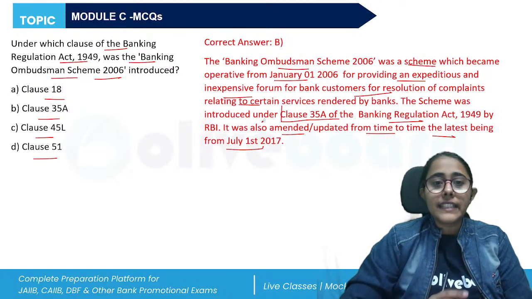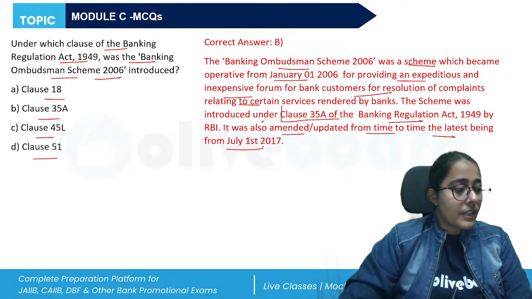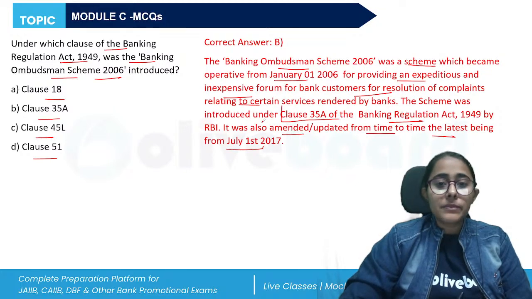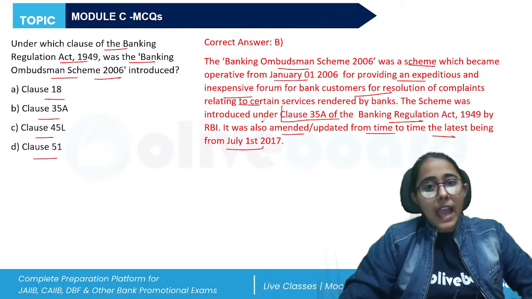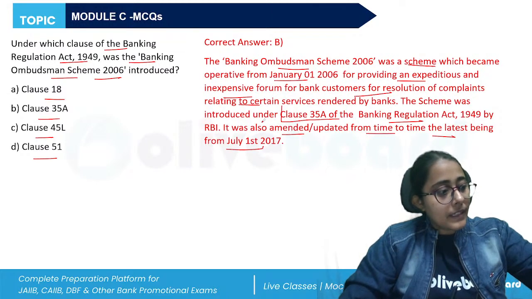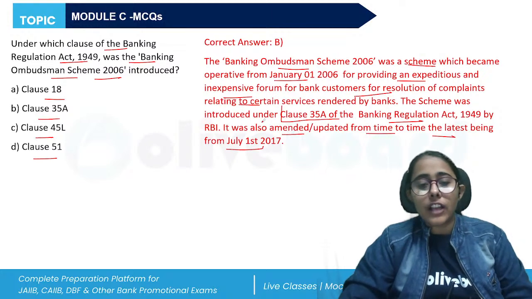So here we can see three particular pieces of information provided under the same question. First, the Banking Ombudsman Scheme, on January 1, 2006, was launched for the resolution of complaints, for grievance redressal. Then under clause 35A of the Banking Regulation Act, and it was updated most recently in 2017.